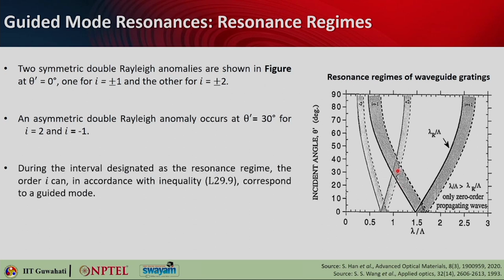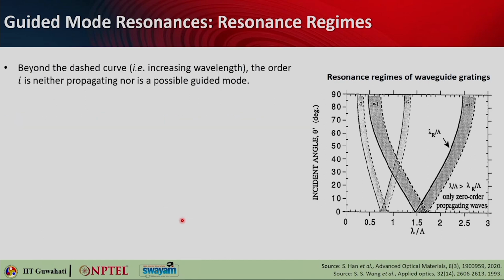Now, during the interval designated as the resonance regime, the order i can actually correspond to a guided mode. So, you can say this is the first order, second order, and so on, and this is the equation that you have already seen. Theta is the incident angle, and this limit tells you which modes, including the order of the mode, can be allowed to propagate.